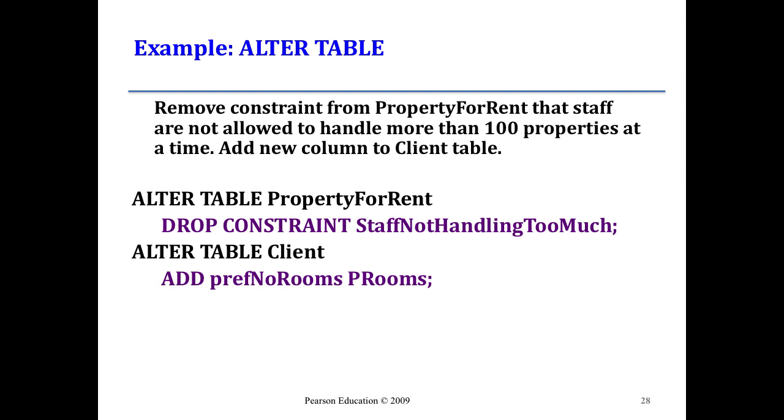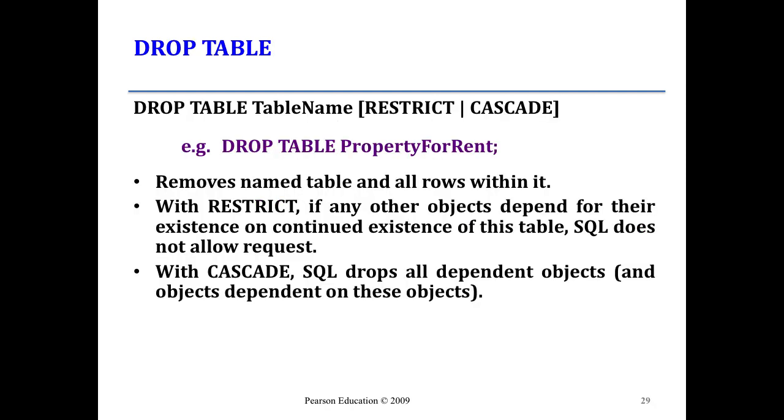And drop table, very simple. Drop the table, and if that is going to remove some dependent objects, you can cascade or restrict. Restrict says don't do the deletion if it would leave dangling pointers.